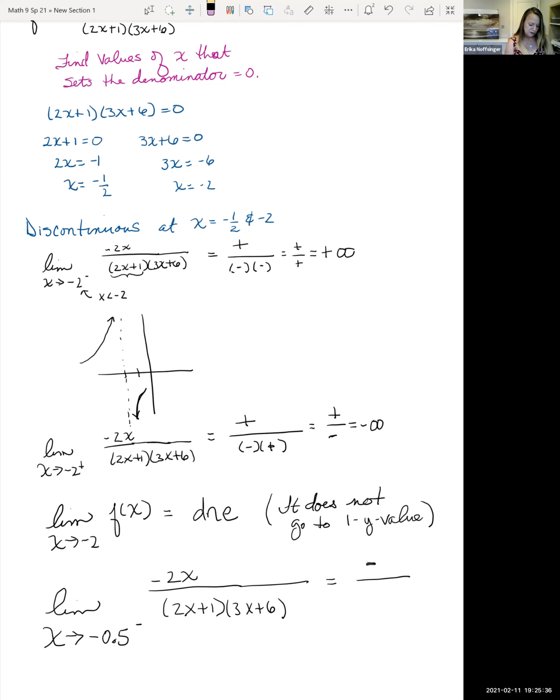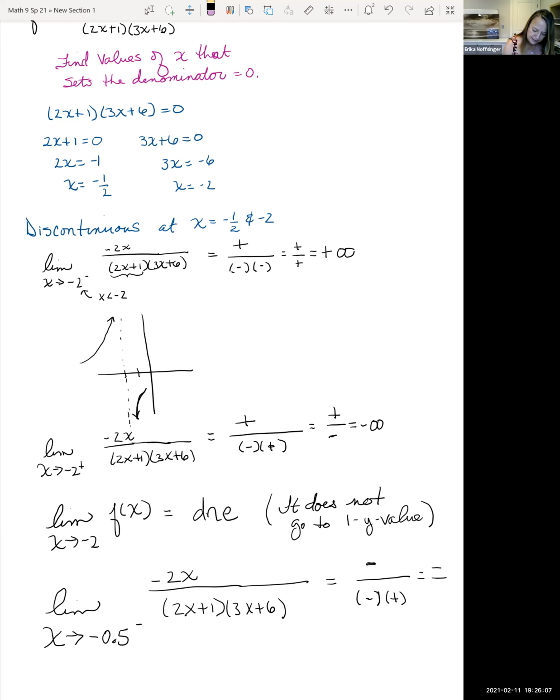Well, if I do 2 times negative 0.55, and I add it to 1 there, I get negative 0.01. So I notice that's going to be negative on the left-hand side. And negative 1/2, or close to negative 1/2 times 3, that's like negative 1.5. Adding that to 6 is going to be positive.